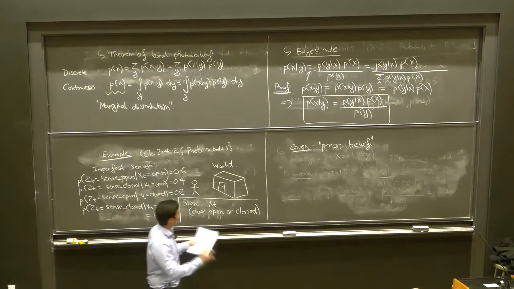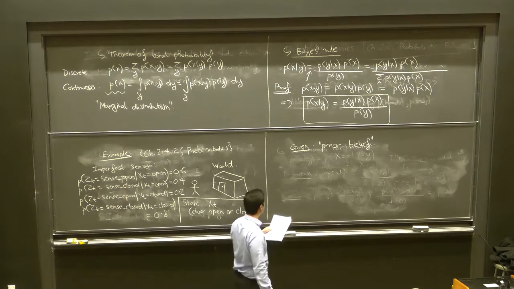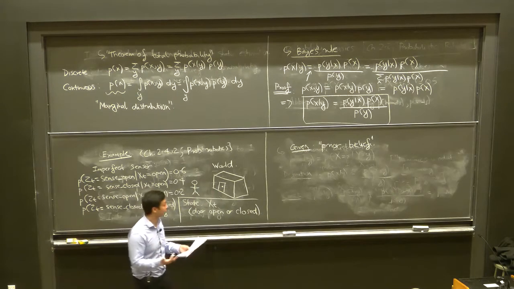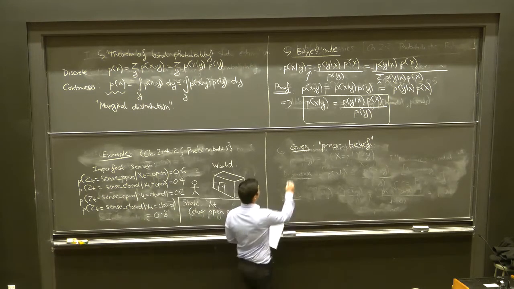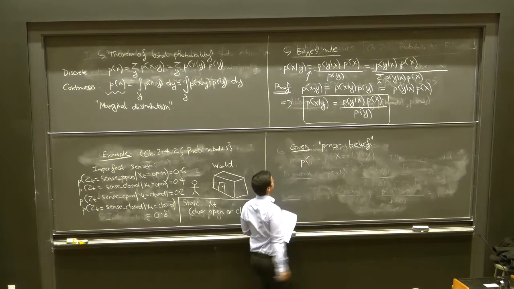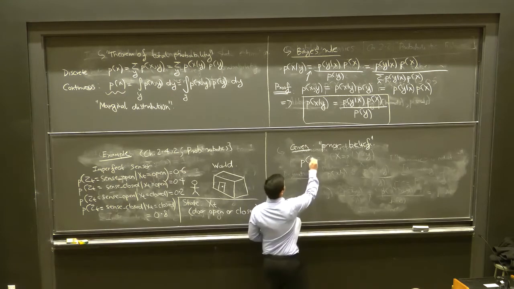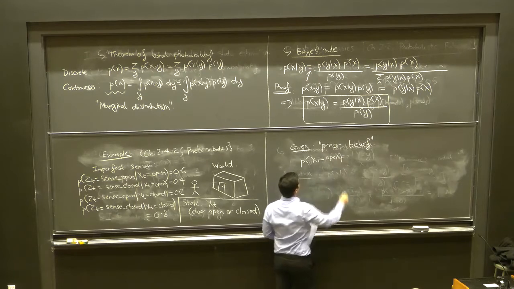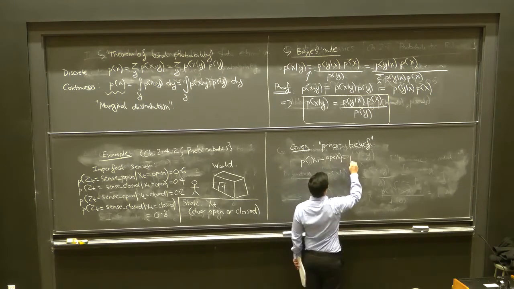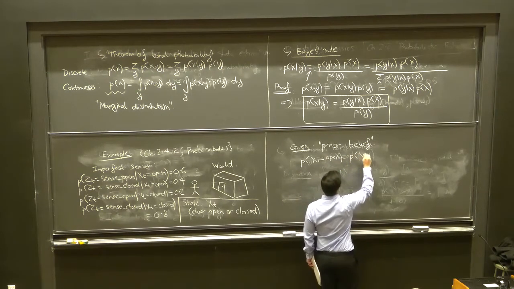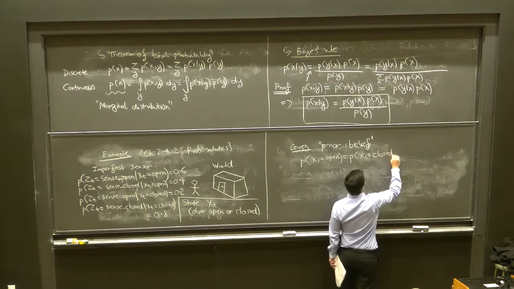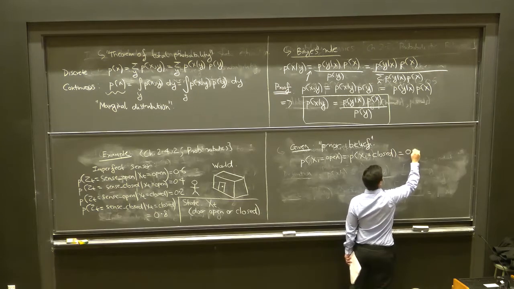Before it receives any sensor measurements, before it does anything, the robot just has some prior belief about whether the door is open. Here we're going to make a simple choice: the prior probability that the door is open equals the prior probability that the door is closed, which equals 0.5.